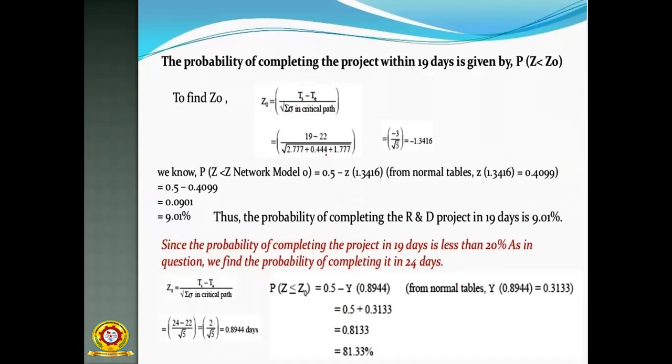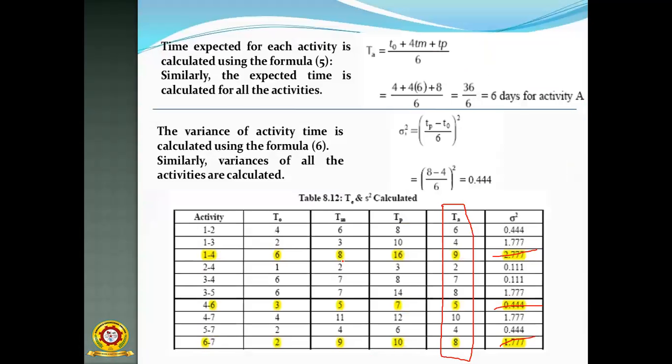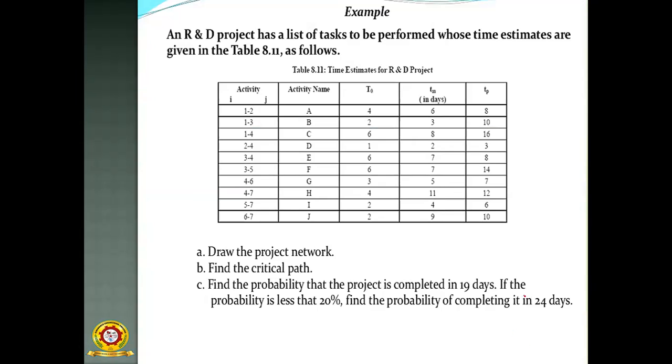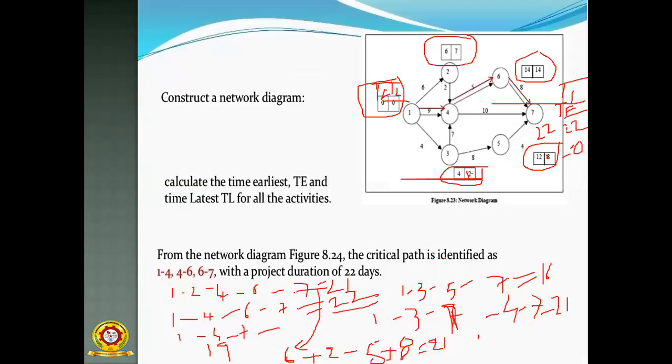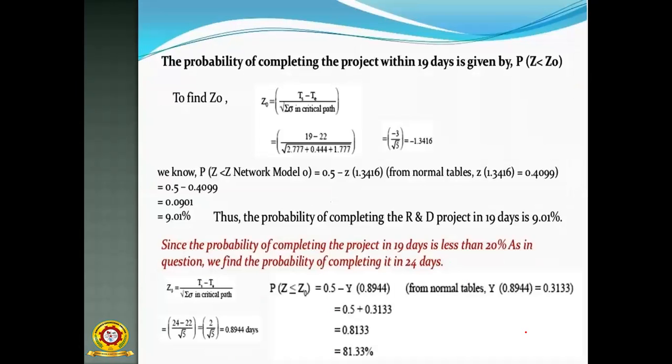First you have to calculate for 19 days, to find the probability of 19 days. That is TS, the completion time. TS is nothing but the project completion time that they are giving.